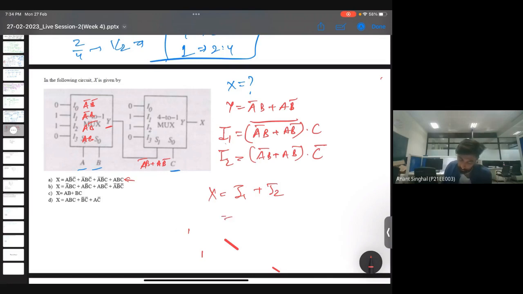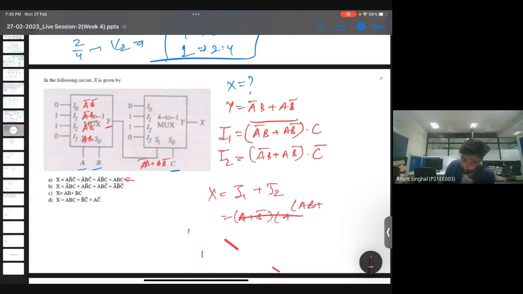So if I try to open this, it will be nothing but A plus B bar into, this will be nothing but XOR, XNOR.